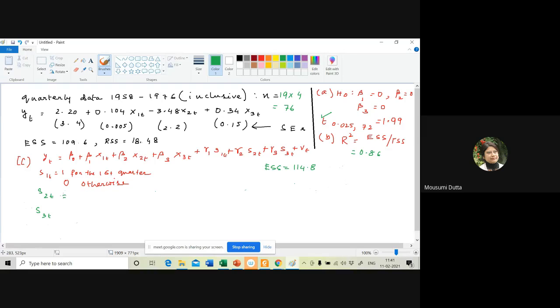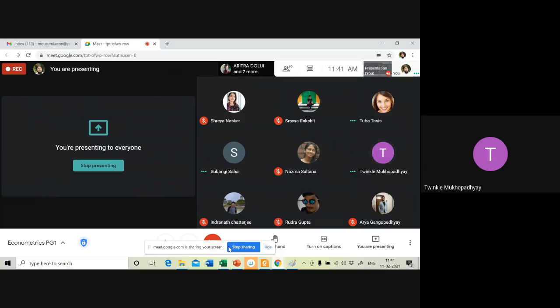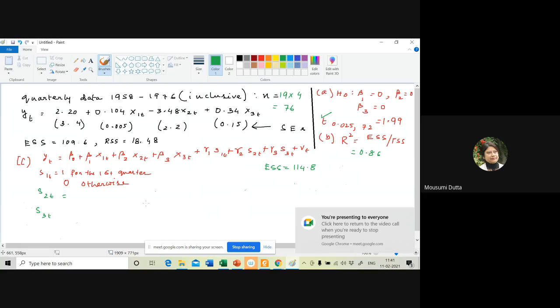What is the meaning of S2t? It is 1 for the second quarter, 0 otherwise, and you understand how to write the third quarter.